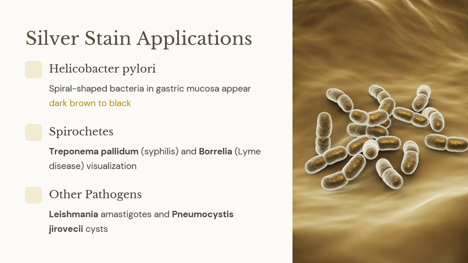Why do we associate silver with the sand? Leishmania is transmitted by the sand fly. So the sand Leishmania is stained with silver stain. In this way, we can remember the pathogens which are stained by silver. Just a recap: Helicobacter pylori, spirochetes such as Borrelia and Treponema pallidum, Leishmania, as well as Pneumocystis are all stained by silver stains.